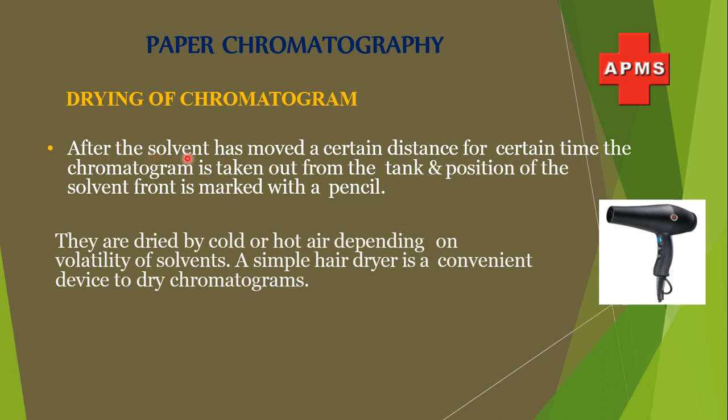After the solvent has moved a certain distance for a certain time, the chromatogram is taken out from the tank and the position of the solvent front is marked with a pencil. So before drying we first have to mark the solvent front, that front where our mobile phase reaches the topmost region of the filter paper, as in ascending chromatography.